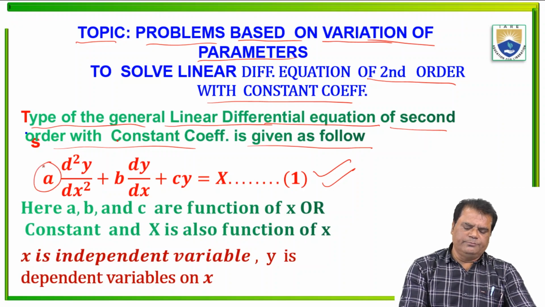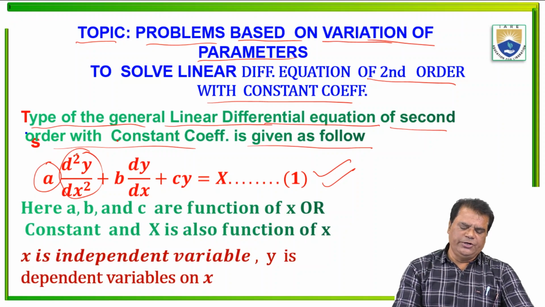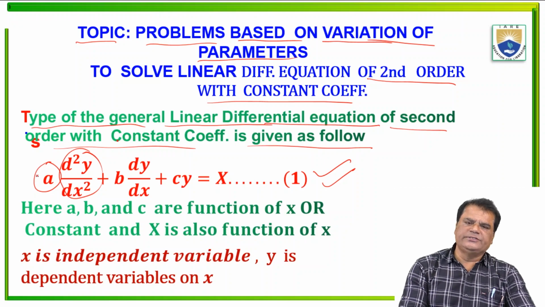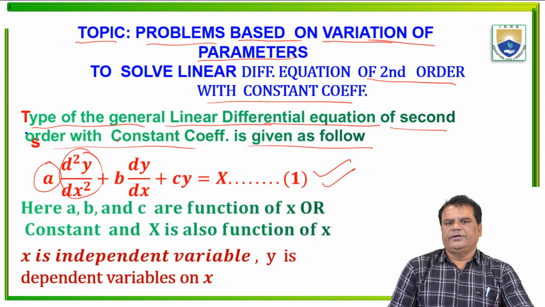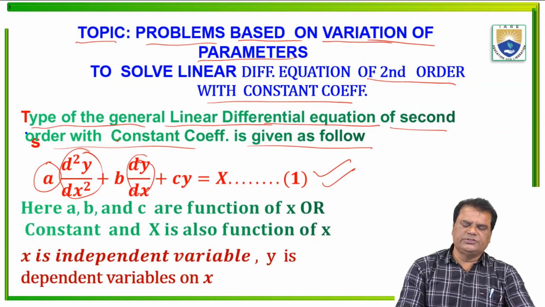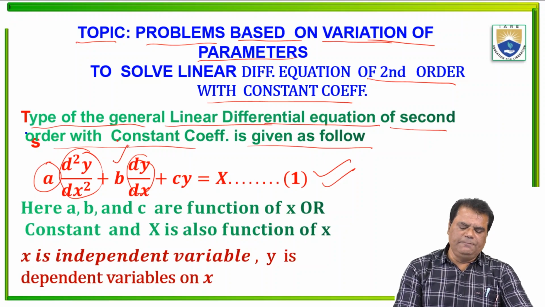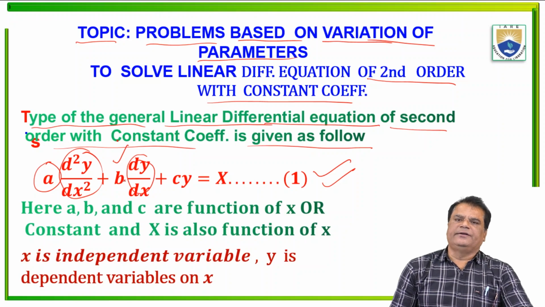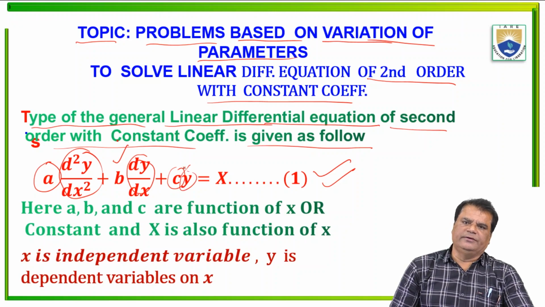Here a is multiplied with the second order derivative d2y over dx2 in the first term, and b is a number multiplied with the first order derivative in the second term, plus c is a number multiplied with y, the dependent variable.